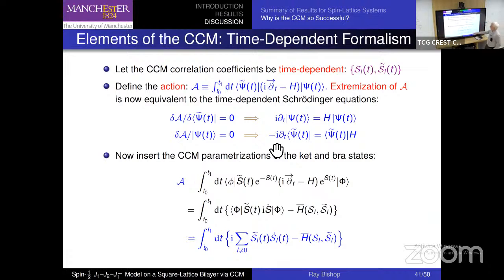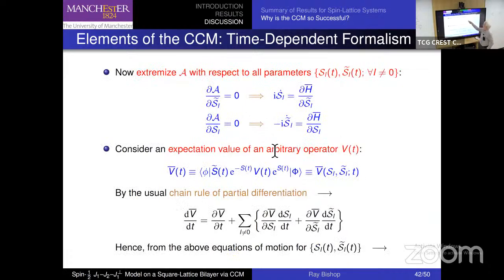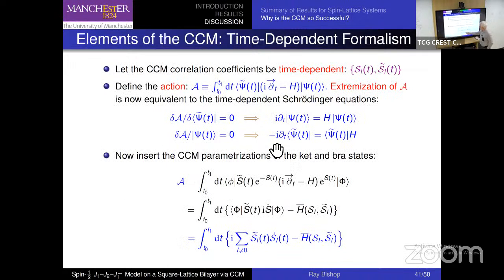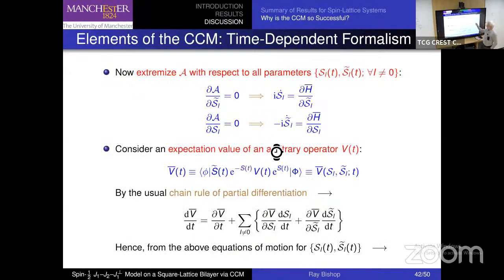Now, if I extremize this with respect to, let's say, the S tildes, that's immediately obvious, and I get this set of equations. And if I, first of all, do an integration by parts to get the dot over onto this one, I get a minus sign coming in, and then I extremize with respect to this, and I get these.